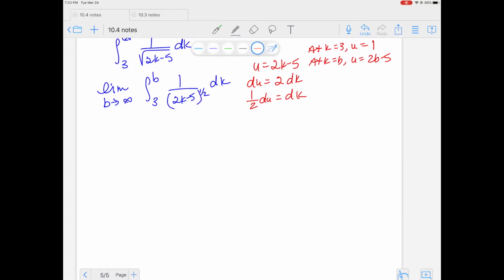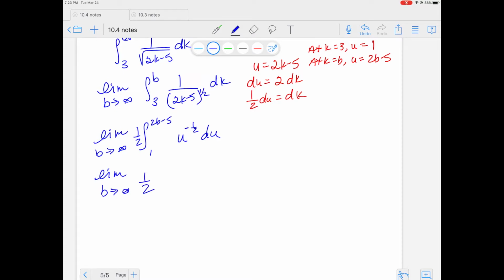Let's integrate. I now have the limit as b approaches infinity going from 1 to 2b minus 5. And I'm going to put the 1/2 in front, of u to the negative 1/2 du, because this is power rule, right? This is not natural log. It's not to the first power. This is power rule because I have that exponent. So I have the limit as b approaches infinity here of 1/2.